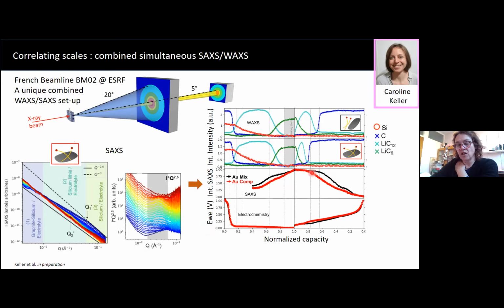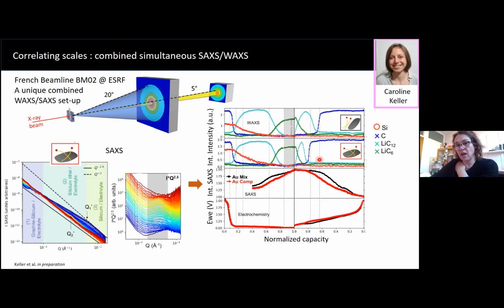are changing. So if you look, for instance, at the delithiation here, the signal is not changing on the SAXS intensity in red until you have fully delithiated your graphite. And at that point, you can start to have a decrease of the intensity that corresponds to the delithiation of the silicon. The same for the black sample.